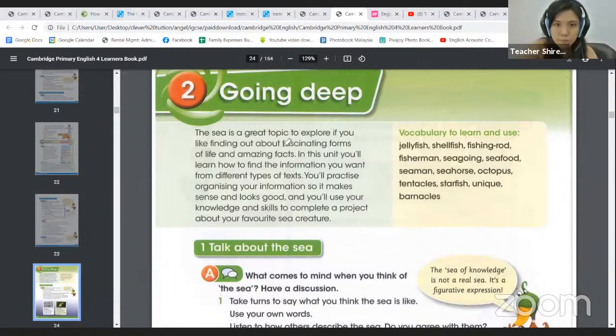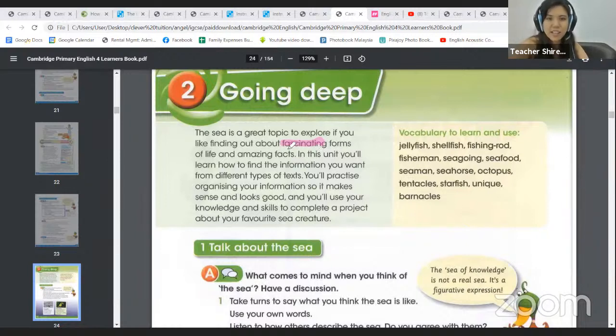In this unit, you learn how to find information from different types of text, organize your information so it makes sense and looks good, and use your knowledge to complete a project.